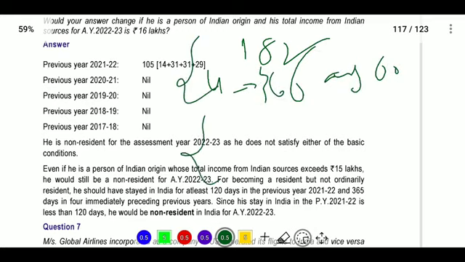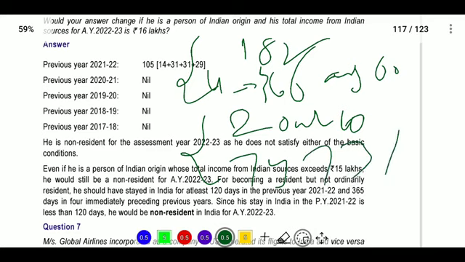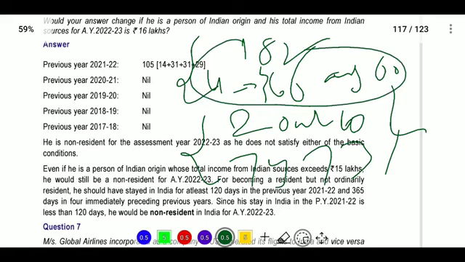Next we have, out of 10 years, 2 years must be in India, and out of 7 years, 731 days. I forgot, how many days? 731 days, I think so. Yes, 7 years means 731 days. Both of these conditions must be satisfied for the person to satisfy the additional conditions.